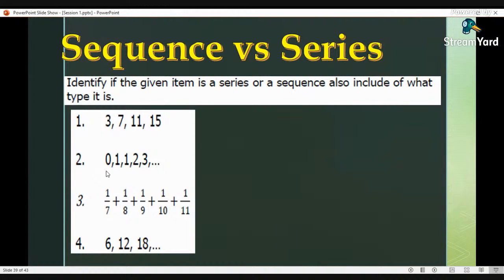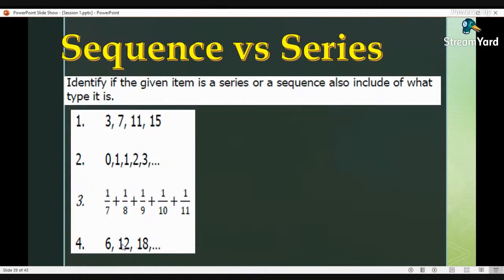Next, number 2: 0, 1, 1, 2, 3. It's obvious that it's a Fibonacci sequence. For number 3, 1/7, 1/8, 1/9, 1/10, 1/11, take note that there is a common difference in the denominators, which is 1. So there is an arithmetic sequence in the denominators. Therefore, we can say that this one is a harmonic sequence.